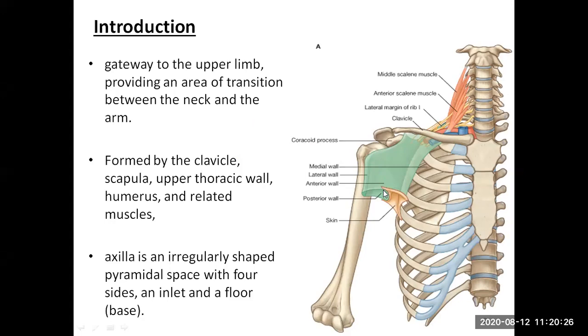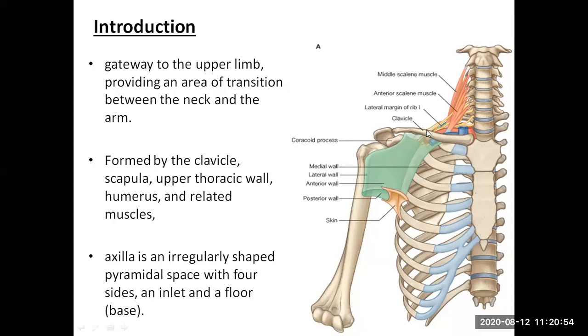It is the transition between the neck and arm. It is a pyramidal shaped space which forms the area of transition between the neck and the arm.